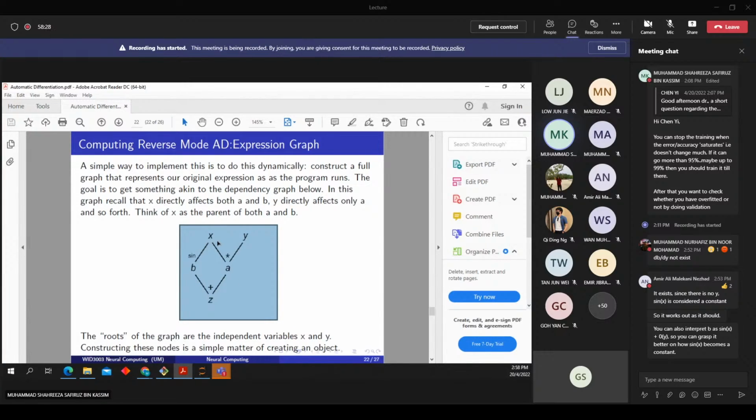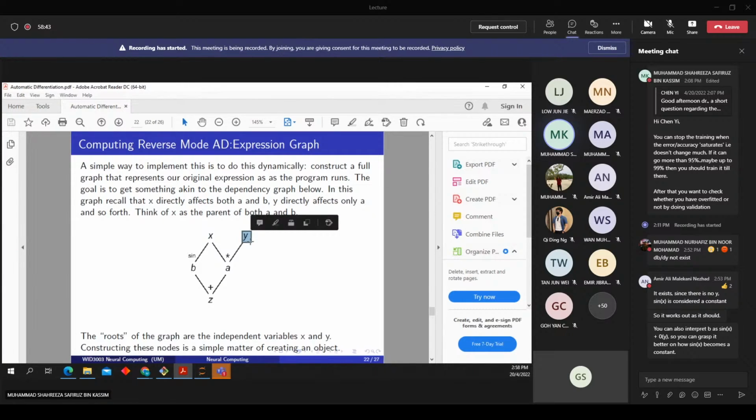So you have the input variables on top. There's a reason for that, because we want to think of X as parents. The input variables X and Y are parents, right?